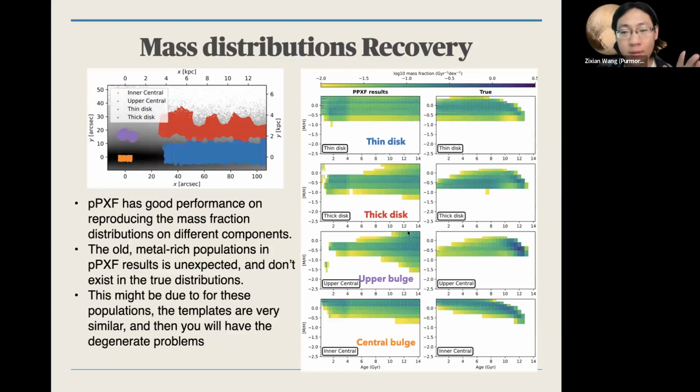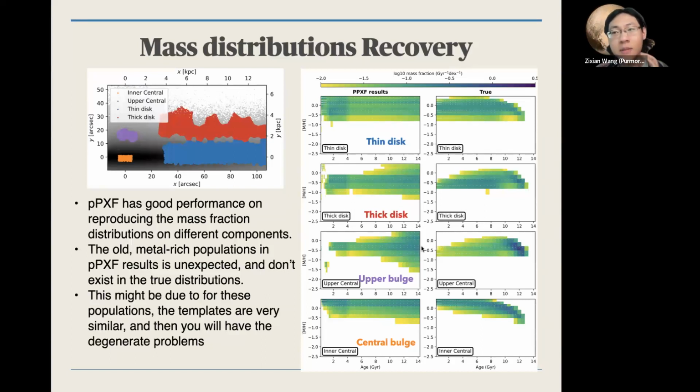You can just say, I don't want all the mass fractions, I just want this region, and set all the other values to 0 in pPXF. It is achievable, but that means you add some prior on your fitting. Yeah, right. You have a prior, but pPXF is designed to get the correct answers through non-parametric fitting.